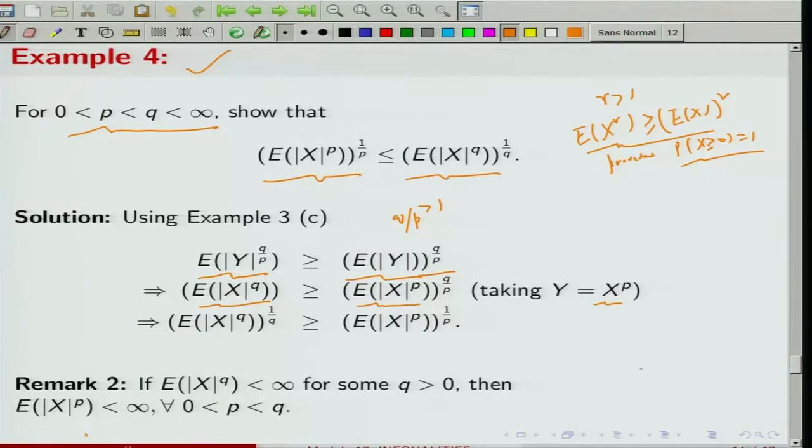Now I take power 1 by q on both sides; the inequality doesn't change. This would be the same as expected value of mod of x to the power q, to the power 1 by q, is greater than or equal to expected value of mod of x to the power p, to the power 1 by p, which is the same as this inequality.